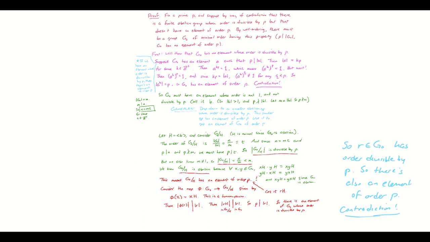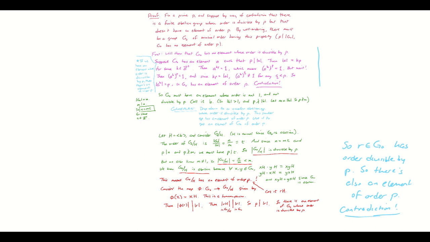So what this means is that every finite abelian group whose order is divisible by P has to have an element of order P, because either you have one and you're done, or you have some element whose order is divisible by P, and then you're done pretty quickly after that because you can take a power of it. That's what we did here. Or if not, then you can just take some element whose order is not divisible by P, quotient out by its cyclic subgroup, get a smaller group whose order is divisible by P, and then basically use induction.